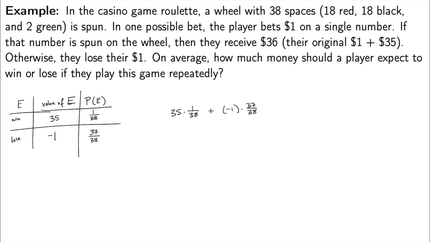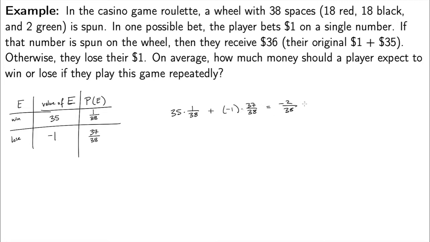And then we just calculate what this is. So this is 35 minus 37, so that's -2 out of 38.